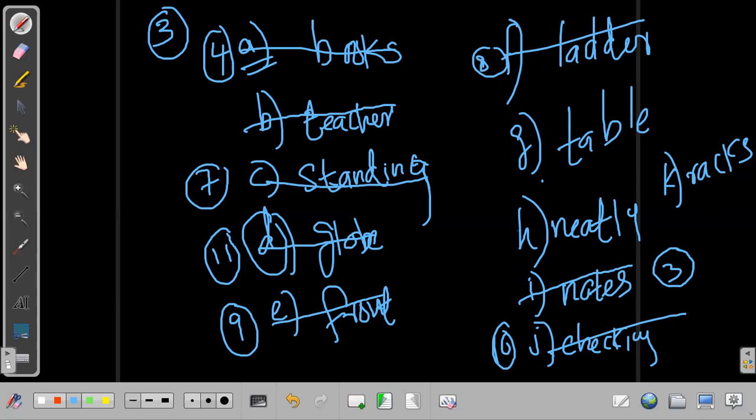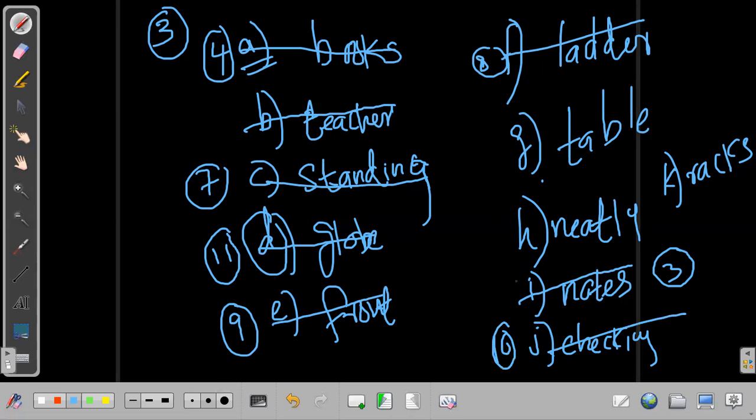Now we are left with another, how many? Table, racks, and neatly. Okay, now let's read it again. The picture shows a library. There are some students and a teacher sitting at the right table, right?